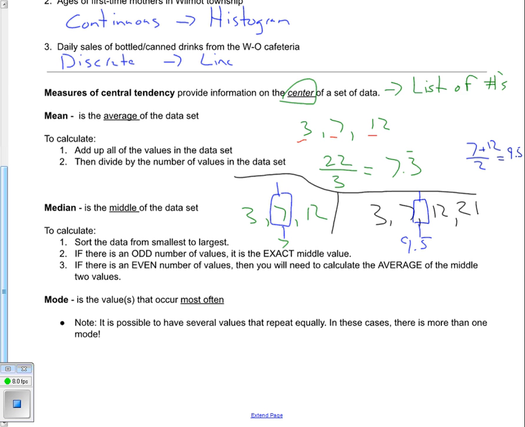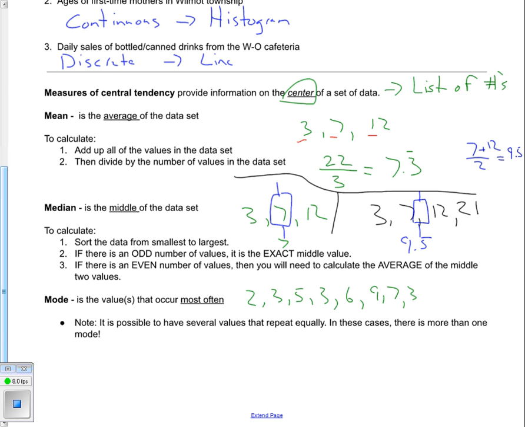Finally, the mode is the value that happens most often. And it's possible to have several modes. So let's say I have a data set that has the numbers 2, 3, 5, 3, 6, 9, 7, 3.